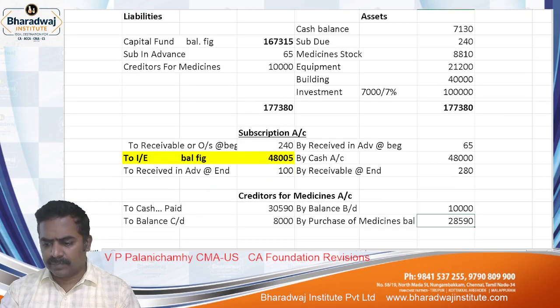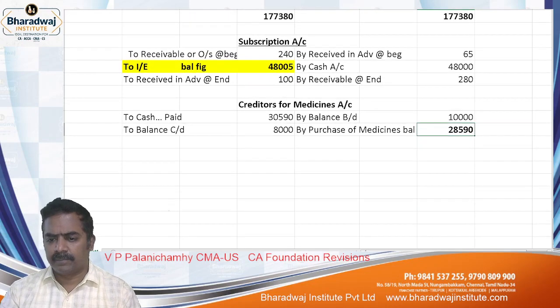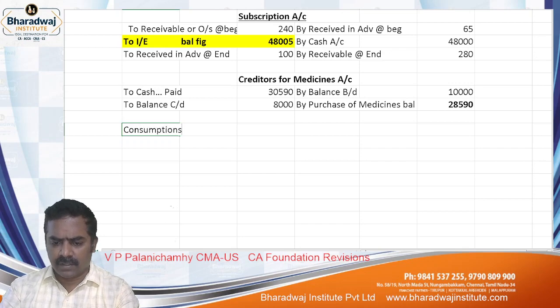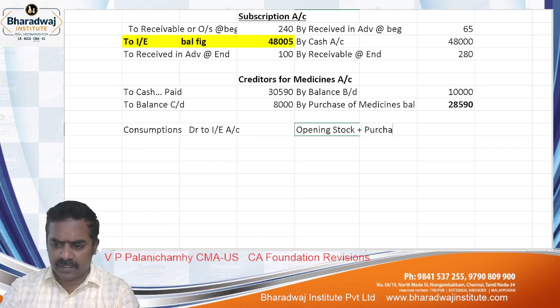28,590 will come. Purchase is not an expense, as we have seen. What is an expense? Consumption. Consumption is the expense. Consumption will be debited to income and expenditure account. How to work out consumption? Opening stock of medicines plus purchase of medicines minus closing stock of medicines.